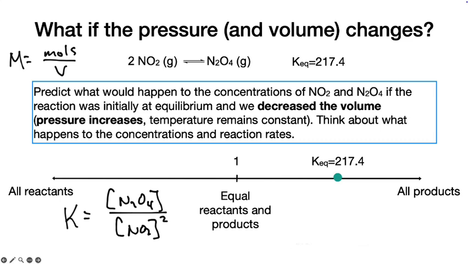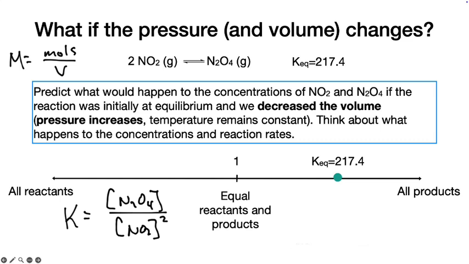If concentration goes up across the board by a relatively equal amount, the squared value is going to increase more, which is the reactant. If we're changing that volume, all of our concentrations in raw form are going to go up about the same. But in this K expression, I'm squaring that concentration at the bottom. Which means what's going to happen to the denominator?